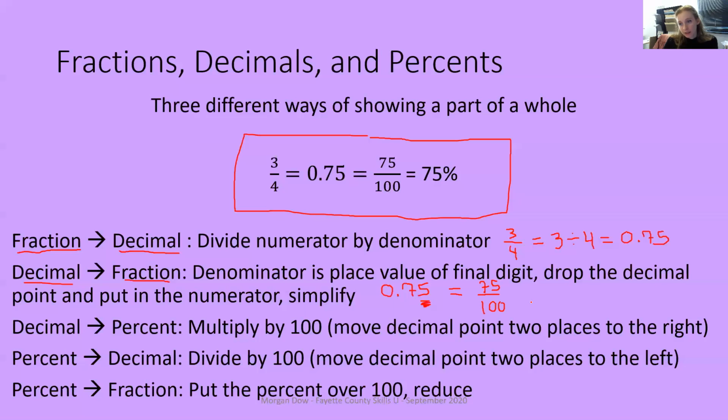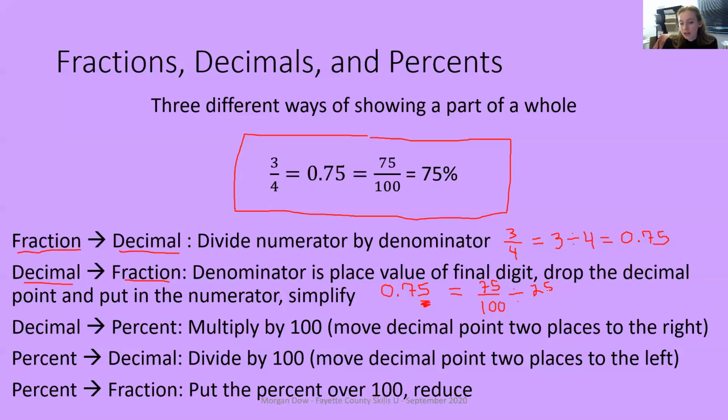And now, since we're trying to make a fraction, our last step should always be to simplify as much as possible. So we want to think of what's the greatest common factor of 75 and 100? What's the largest number that will go evenly into both? So you might think of 5. 5 will go evenly into both. It's not the greatest common factor though. The greatest common factor is actually 25.